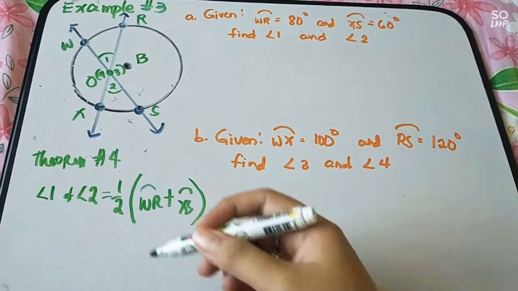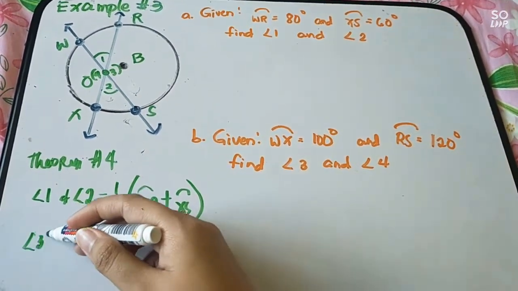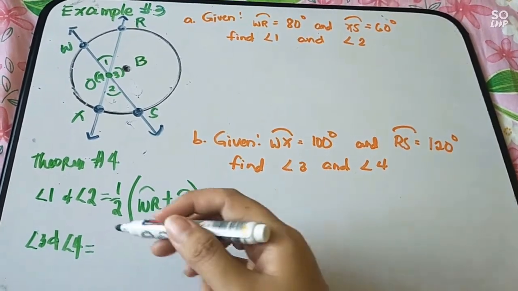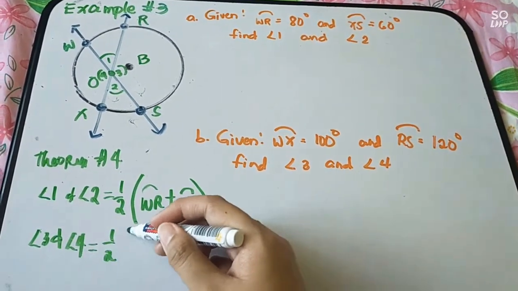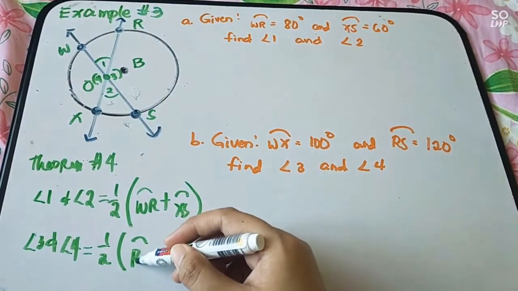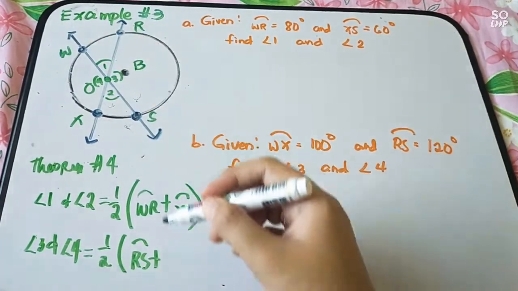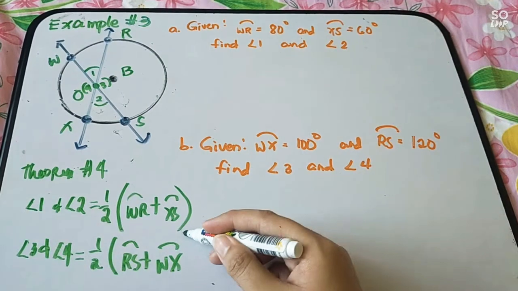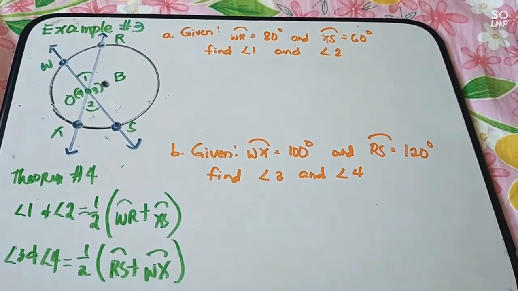So, yun yan. Doon naman kay angle 3 and angle 4, so parehas naman sila ng kanyang formula. We have 1/2 naman siya ni arc RS plus arc WX. So, that's your working formula.